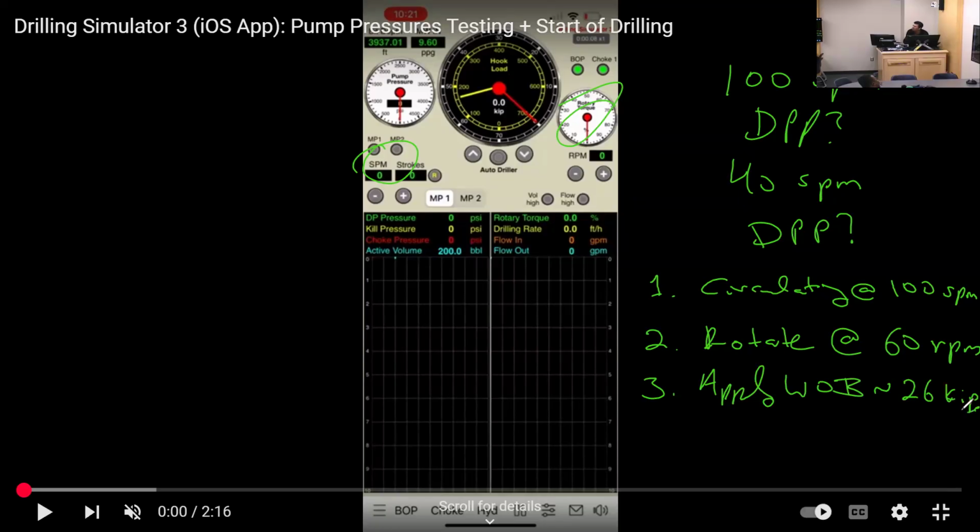You know what kips is? 1,000 pounds, 1,000 pound mass, I think, or pound force. I don't remember, but basically it's a very big value.